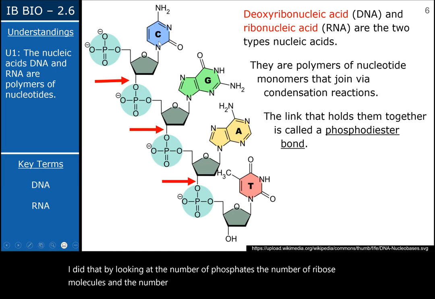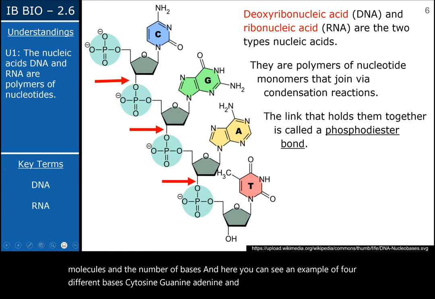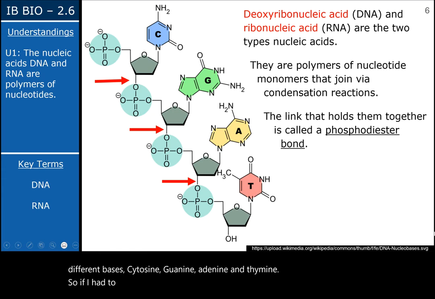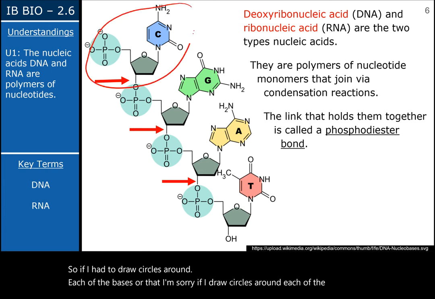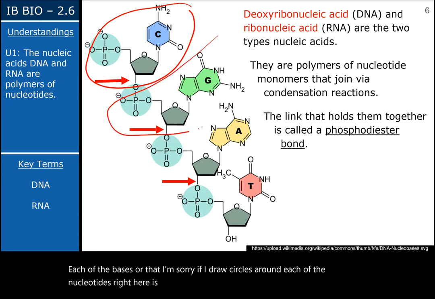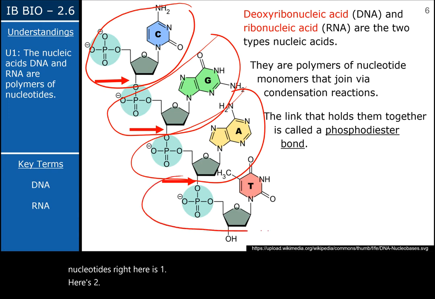And here you can see an example of 4 different bases: cytosine, guanine, adenine, and thymine. So if I had to draw circles around each of the nucleotides, right? Here's 1, here's 2, here's 3, and here's 4.